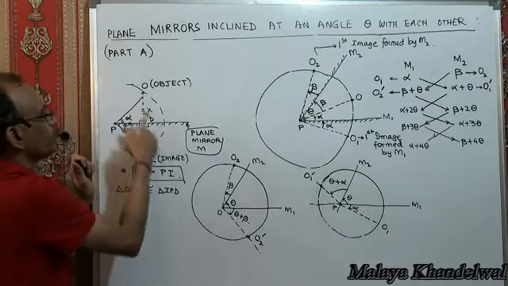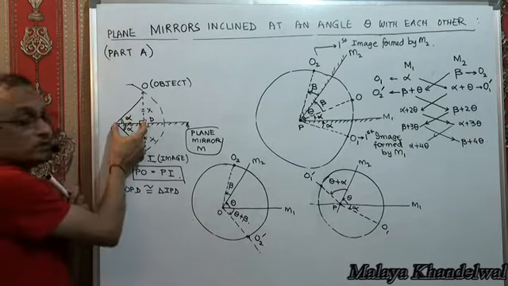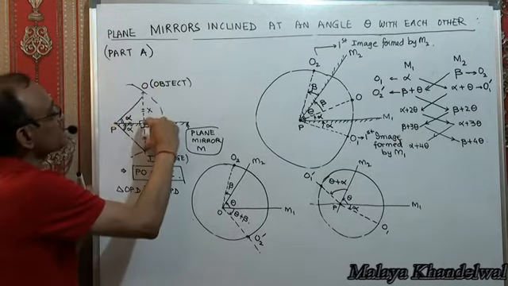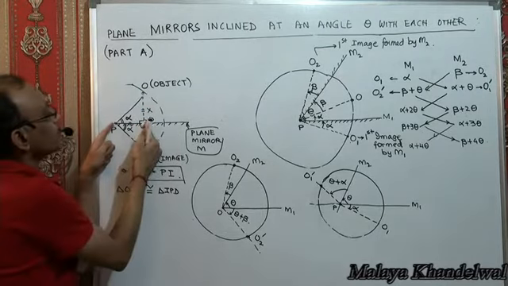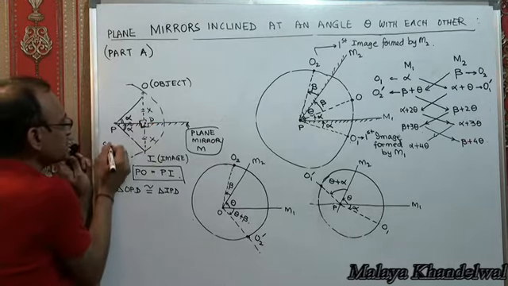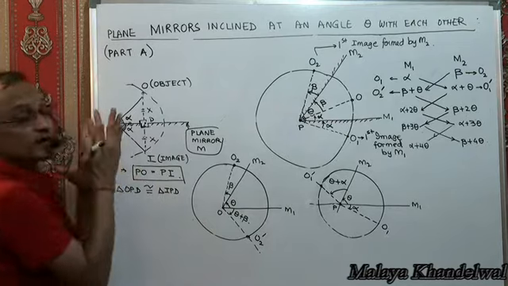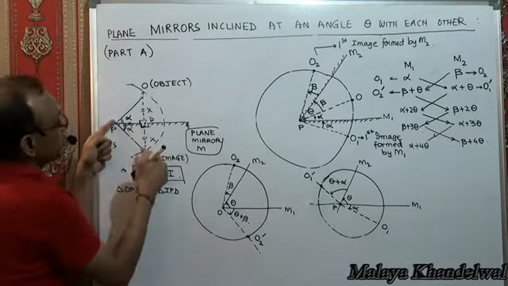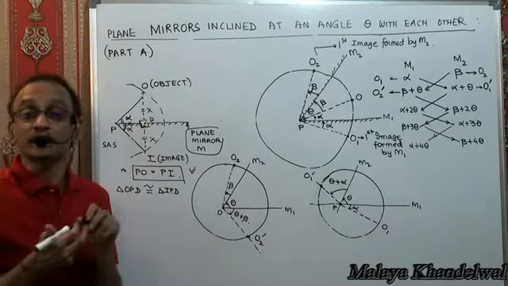Why? Because PD is common, OD equals DI, both x, object distance is image distance, and this angle is 90 degrees. So from the SAS condition, the two triangles are congruent. Now if the two triangles are congruent, very clearly OP will be equal to PI. Yes or no?